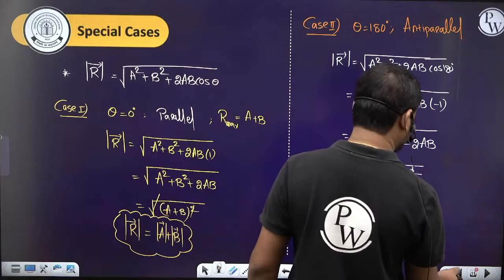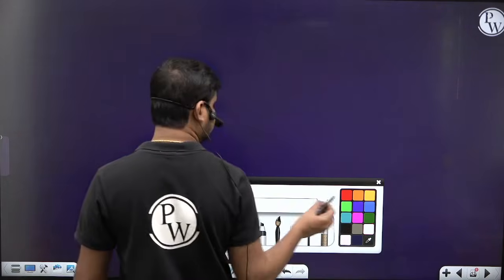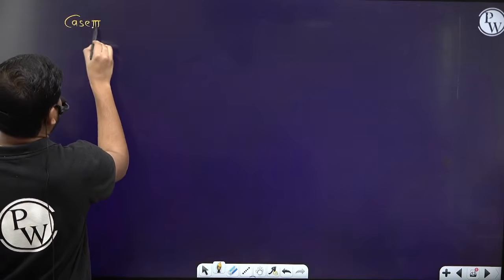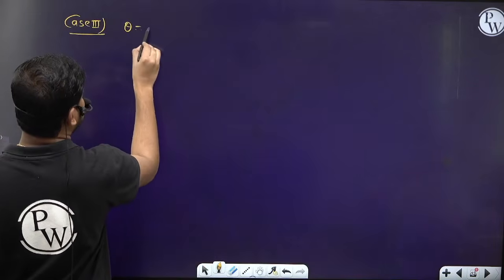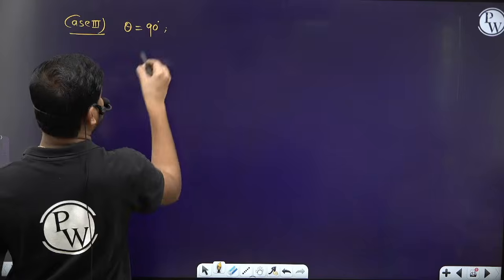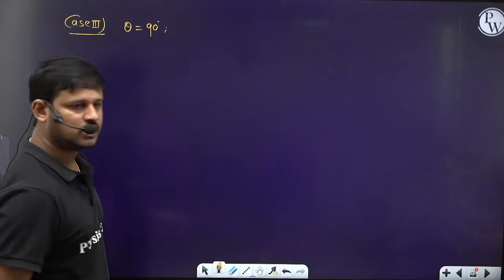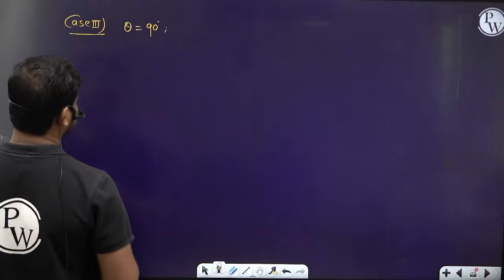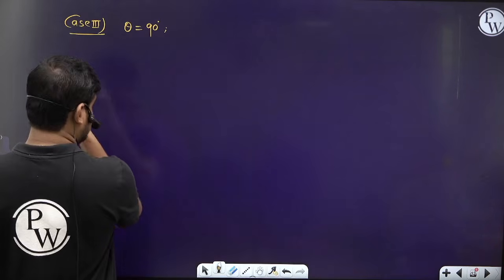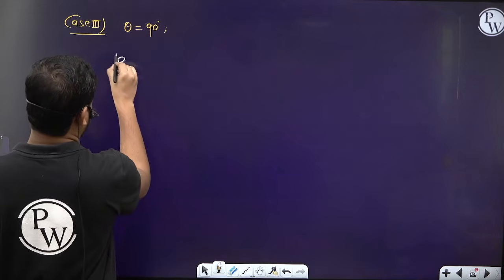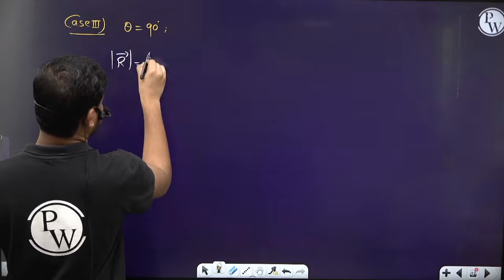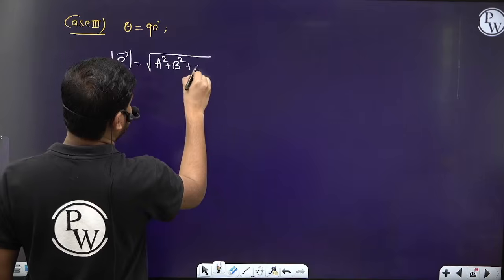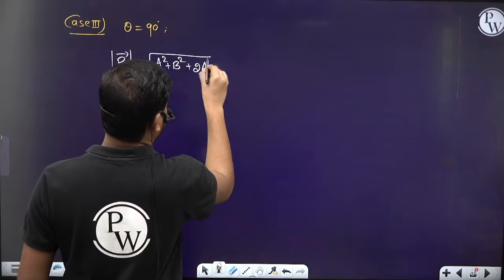Next. So the third case, let's take case 3, where the angle between the two vectors is 90 degrees. Those two vectors are said to be orthogonal. Okay, so 90 degrees means they are orthogonal. So see here, the resultant formula magnitude is equal to square root of a square plus b square plus 2ab cos theta, right?